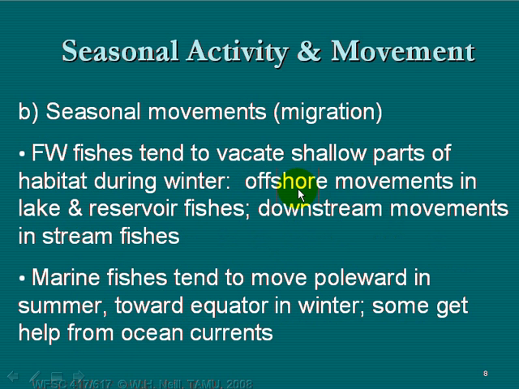So seasonal movements that amount to migrations also occur. In the case of freshwater fishes, the pattern that is regularly seen is for the fish to move out of shallow water during the wintertime. I'm talking now about mid-latitude and more northerly in the case of northern hemisphere fishes.